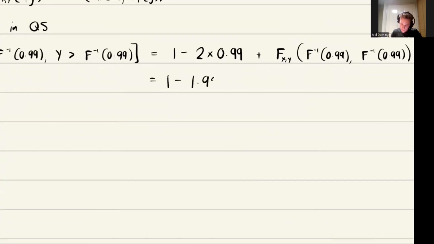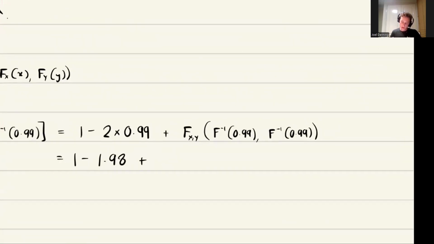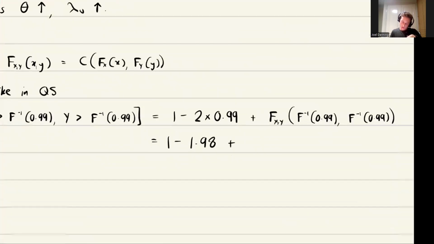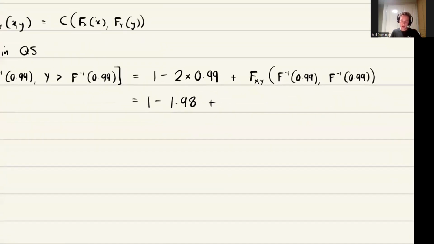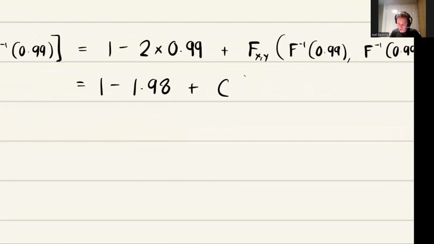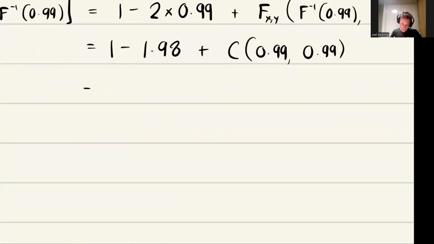So using Sklar's theorem now, we'll see if we sub this inverse into our x value, right? The inverse and the CDF are going to cancel each other out. So we'll just be left with the copula 0.99, 0.99. And then we're just going to sub that in to our formula.